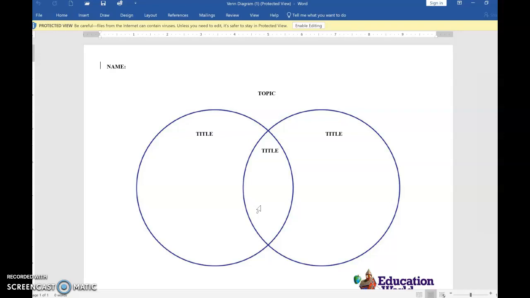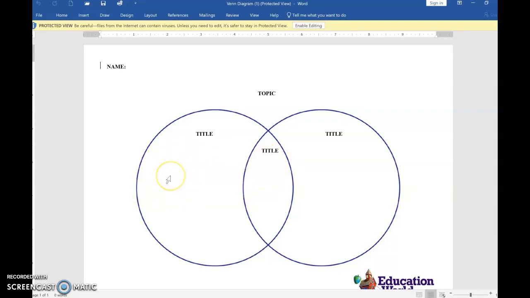So, for example, one thing that both stories have in common is they both deal with just everyday people. There aren't fancy characters or anything like that. They're just real life small town people in both stories. So they have that in common.